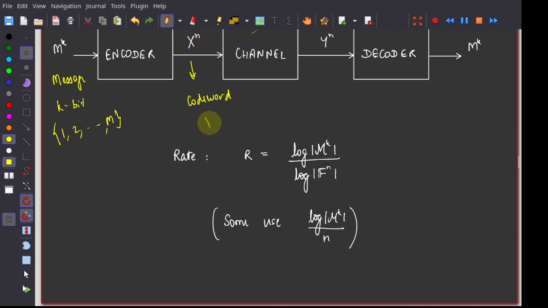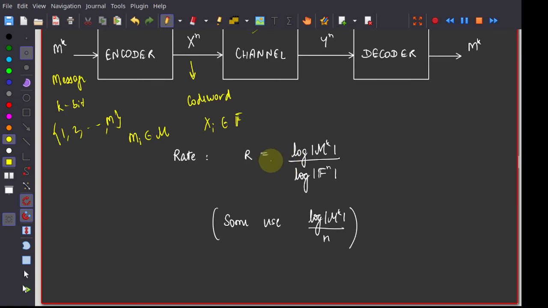I'll assume that each code word comes from some alphabet F. It could be a sequence of bits, but in general it could be a sequence of some other symbols. So I'll generally assume that each x_i comes from some F, and each message symbol comes from some set M.